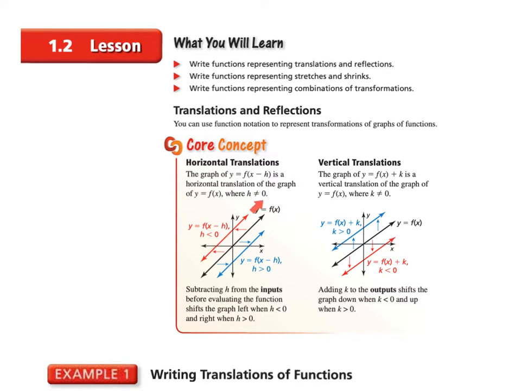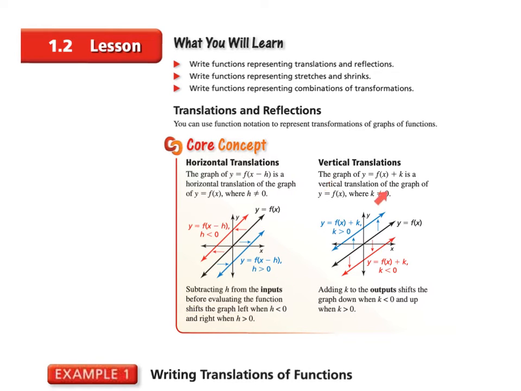If it's 0, you do not have a horizontal translation at all. If we move right, it is a subtraction problem, so x minus h. If we move left, it ends up being an addition problem because you're subtracting a negative. And you'll see that here in a little bit. It's kind of weird.